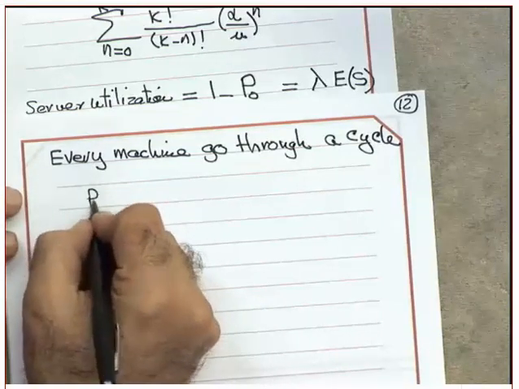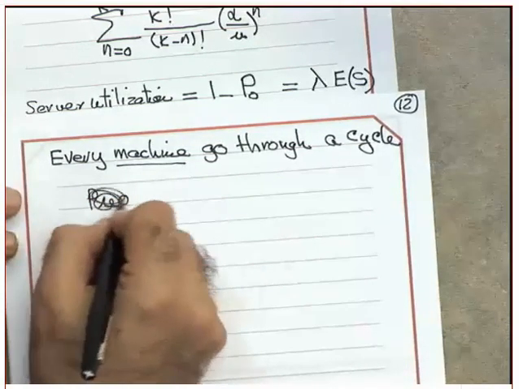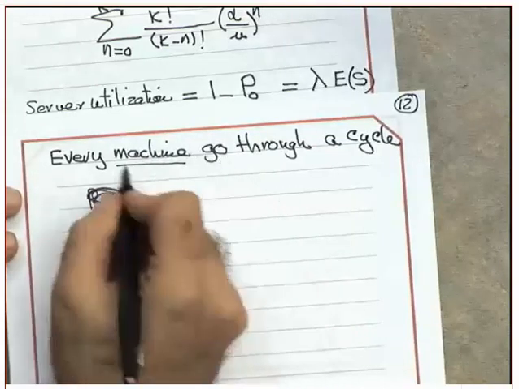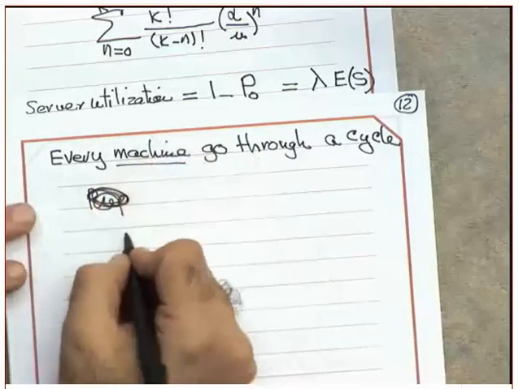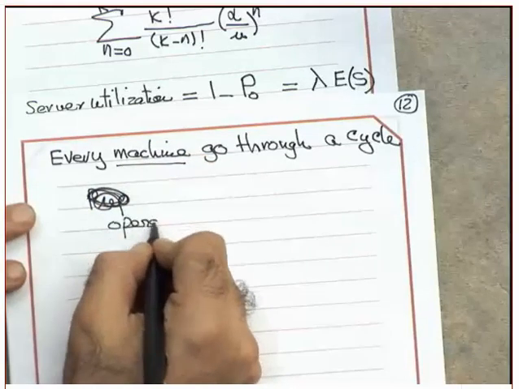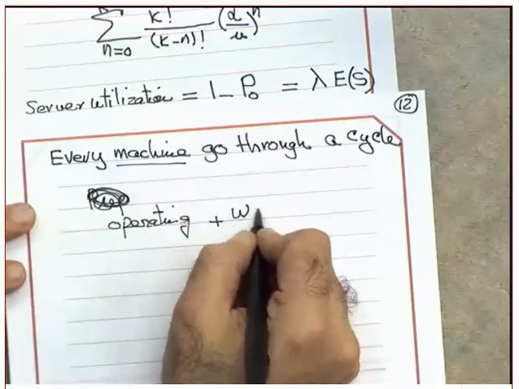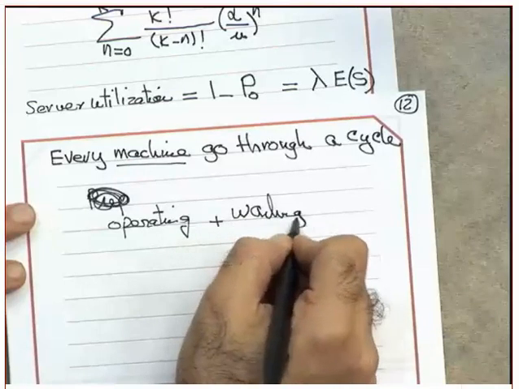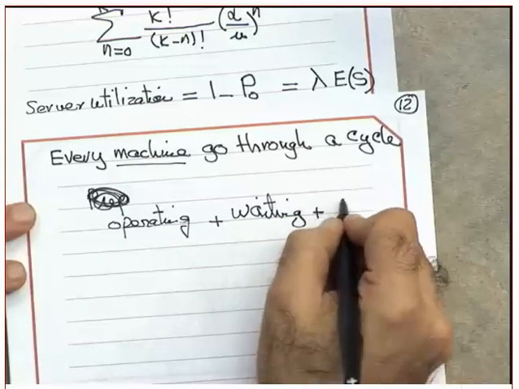Preparing or operating. Since we are talking about a machine, if we were talking about a website, it becomes preparing the request. In the machine it is operation, operating, plus waiting, plus repair.